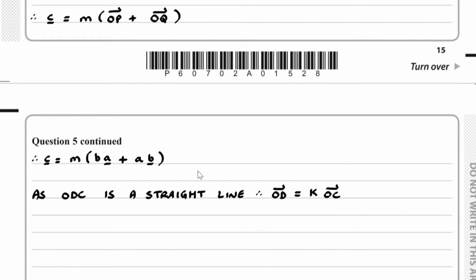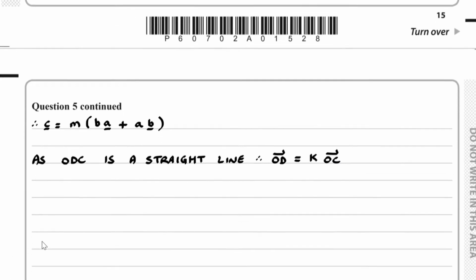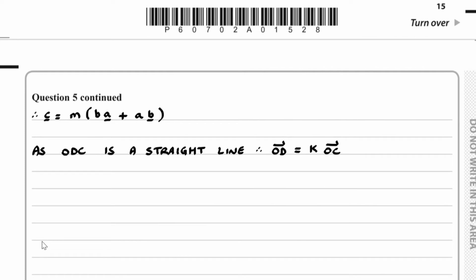I know what OC is, that's just C. So, knowing that, we can therefore conclude that OD is equal to K multiplied by OC, which is M multiplied by BA plus AB.